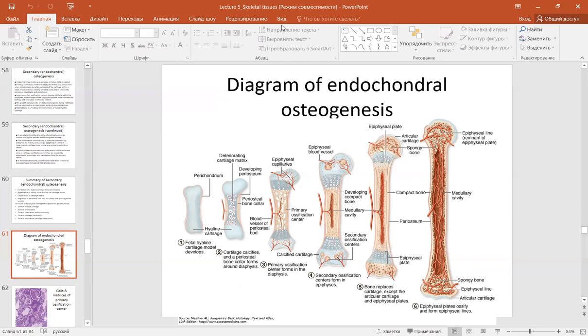And the final step: the metaepiphyseal plate of growth is disappearing, and the long bone stops increasing in length.